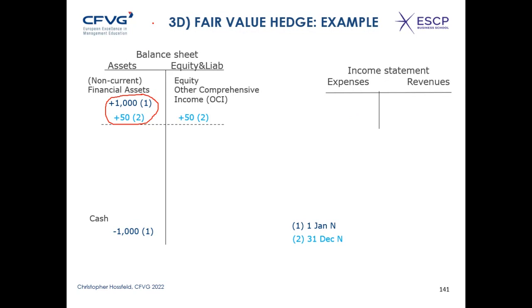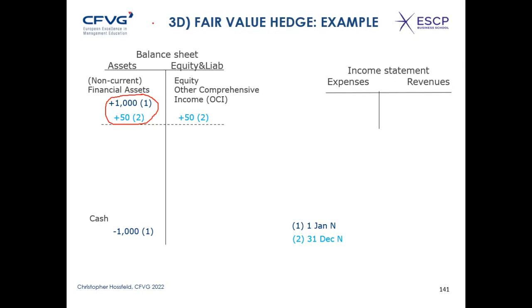And I engage in a derivative that has an original value of 0. Well, that means I could put an asset in my balance sheet that has a value of 0. That would be a possibility. Or I simply account for nothing. That's also possible.